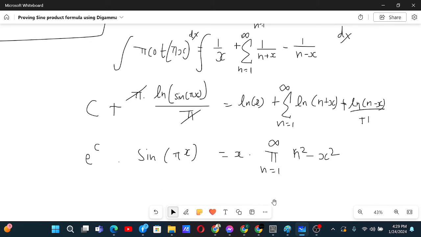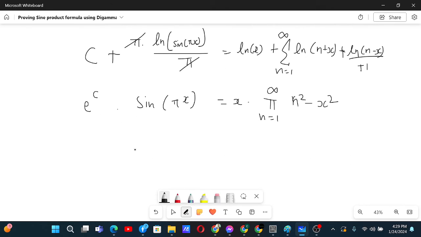Okay, so now let's bring x to this side. Now this is already looking like the sine product formula, but we don't have the constant value, so that's the problem.